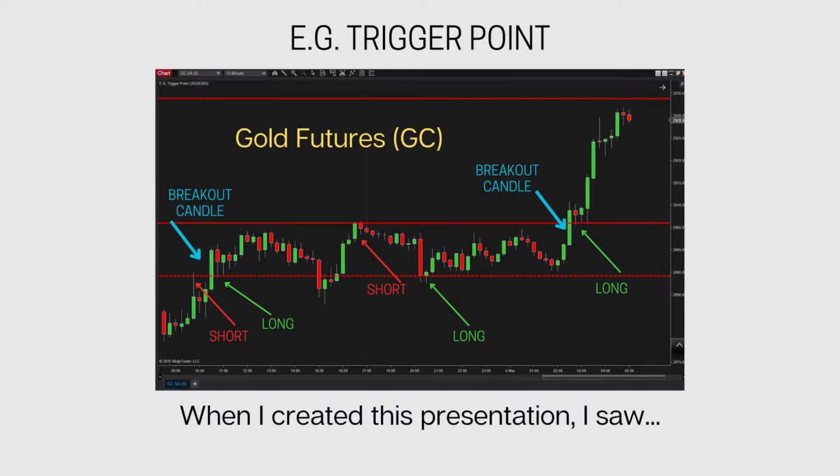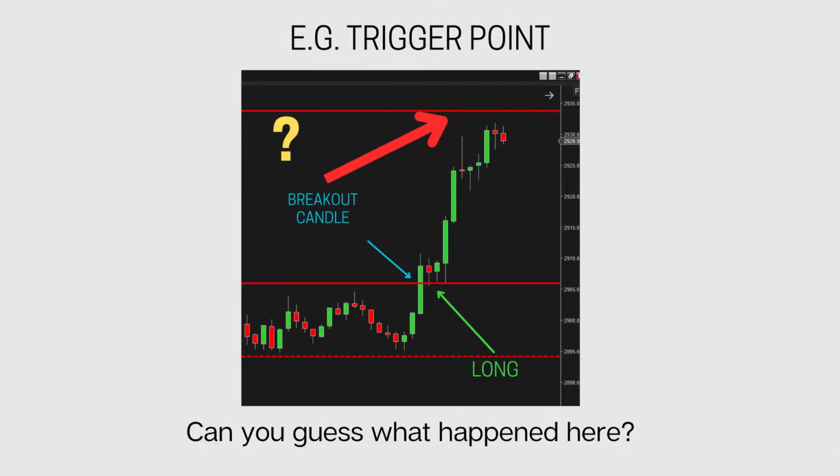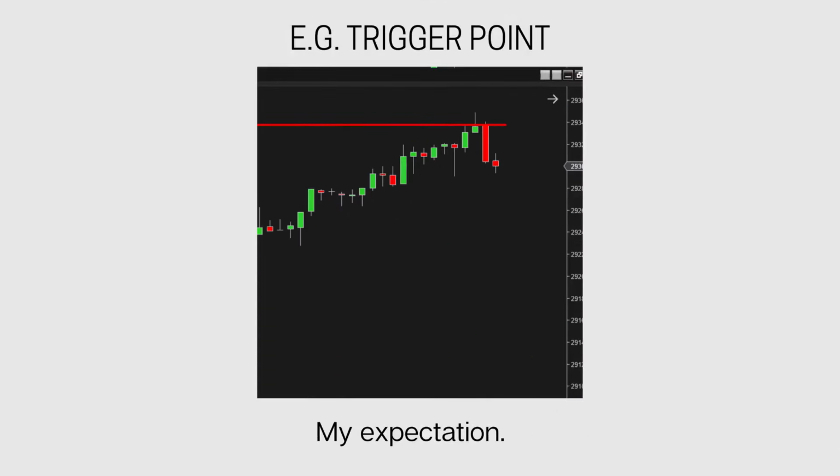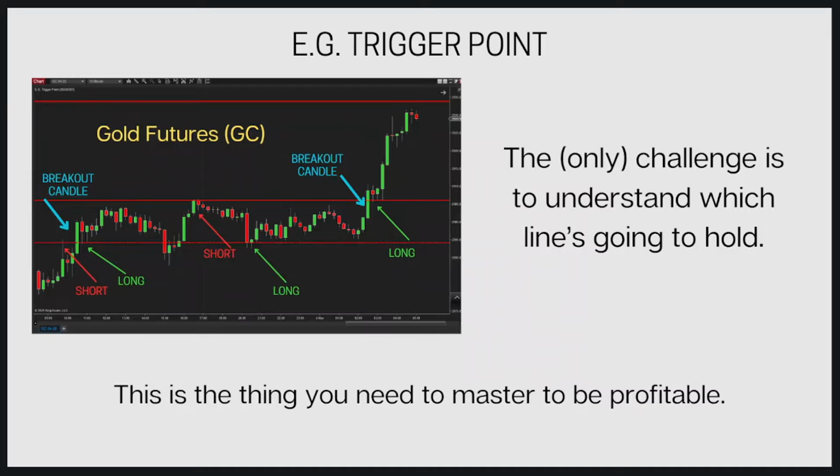By the way, when I created this presentation, I saw that there was another resistance level up there. And could you guess what happened here? This is the answer. And this was my expectation. Easy, no?